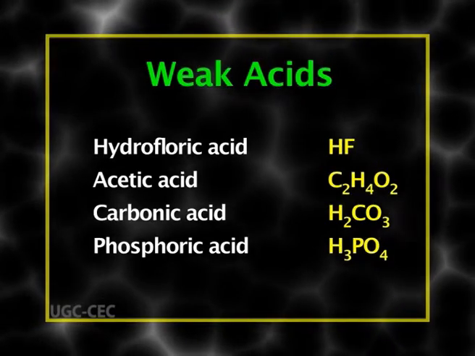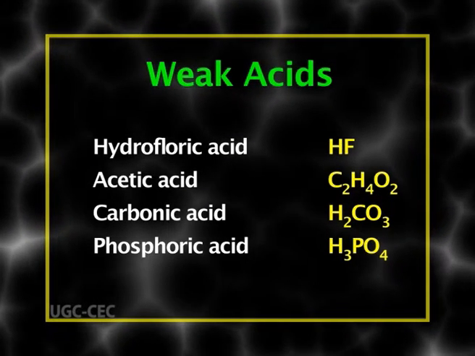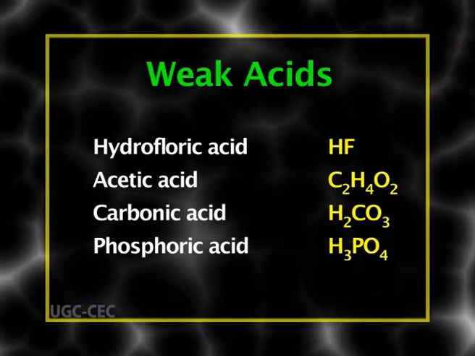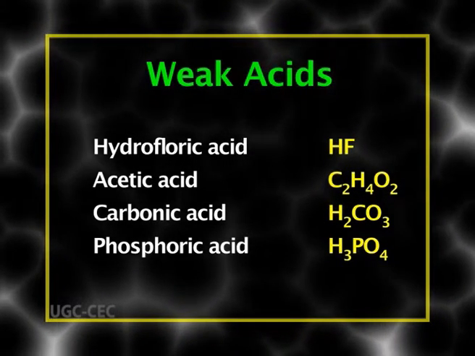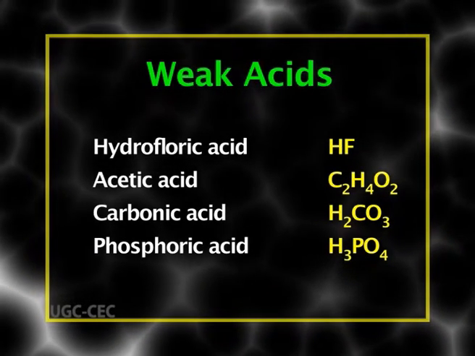Then weak electrolytes. Weak electrolytes are also of different types. We may have weak acids as weak electrolytes, or we may have weak bases as weak electrolytes. Amongst the weak acids, we have hydrofluoric acid, HF; acetic acid, C2H4O2; carbonic acid, H2CO3; phosphoric acid, H3PO4; and many more.